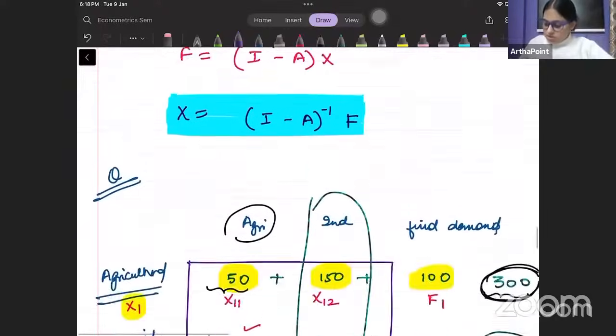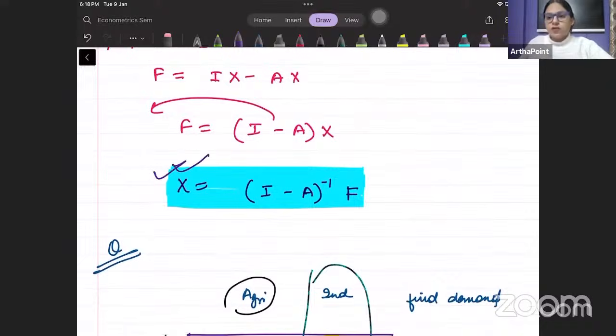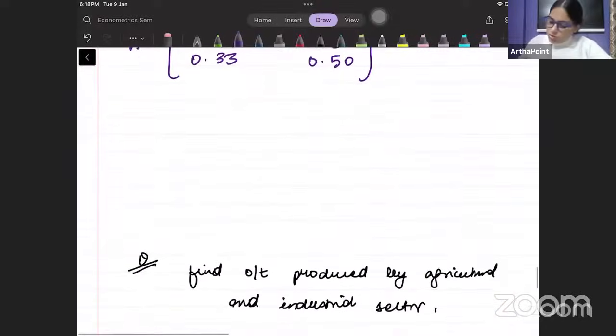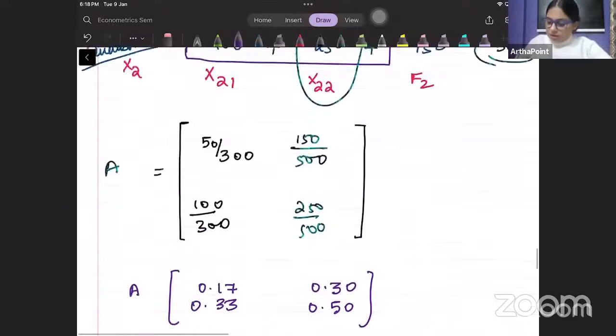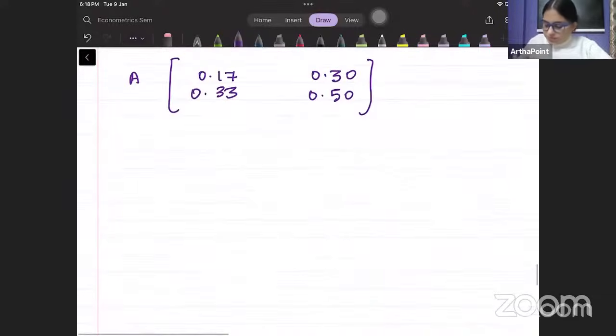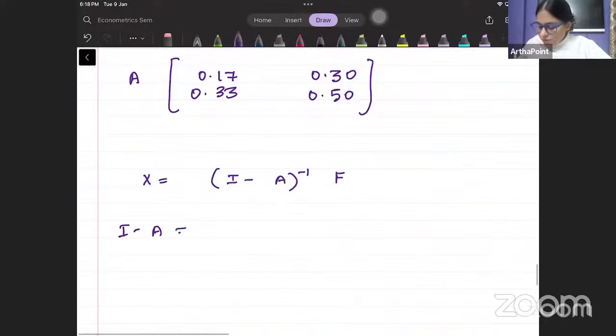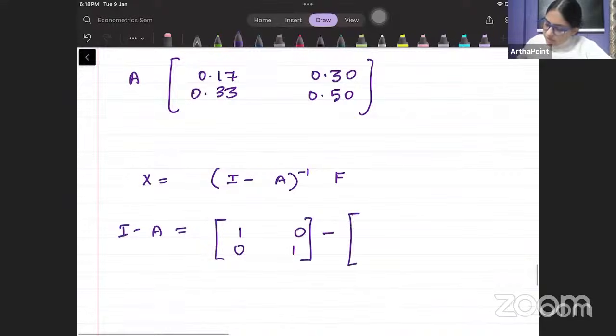Now the question has asked me to find out the final output of the two industries. So what is the formula? X equals (I minus A) inverse into F. So I minus A will be what? 1, 0, 0, 1, minus A, which is 0.17, 0.30, 0.33, 0.50.